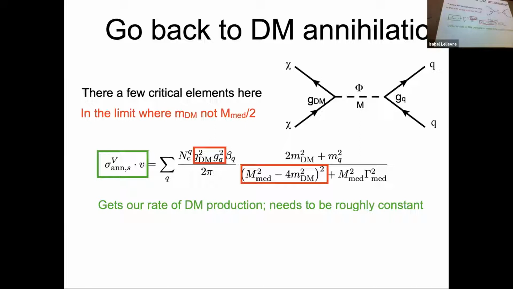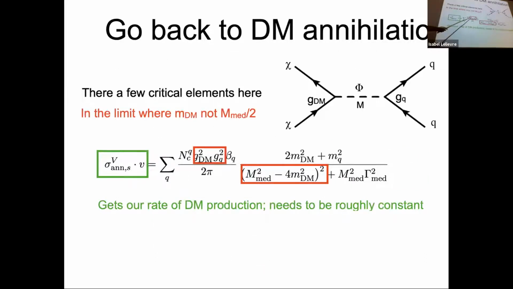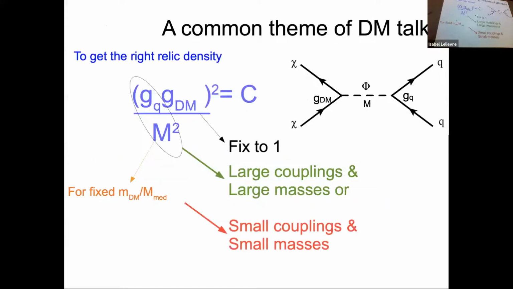So we know what this needs to be to get the right dark matter density. So it's going to be of this order, sigma v. So this guy is a constant. And so you can actually start playing games and solving for the mediator mass and the couplings in a relation. So let's take the case where the dark matter mass is not equal to half the mediator mass. So this term is non-zero. And let's just write this in an even simpler form, which is just this.